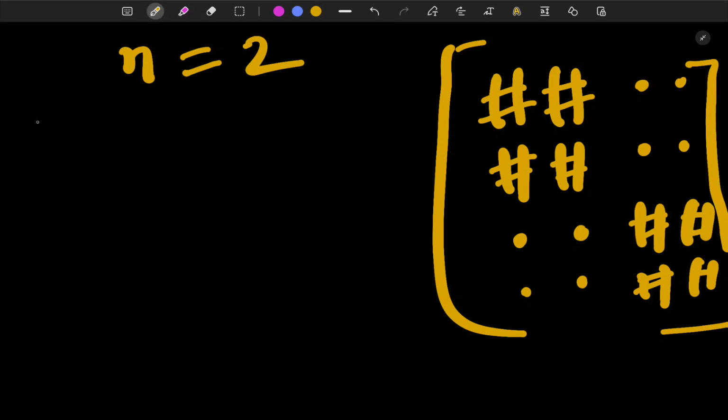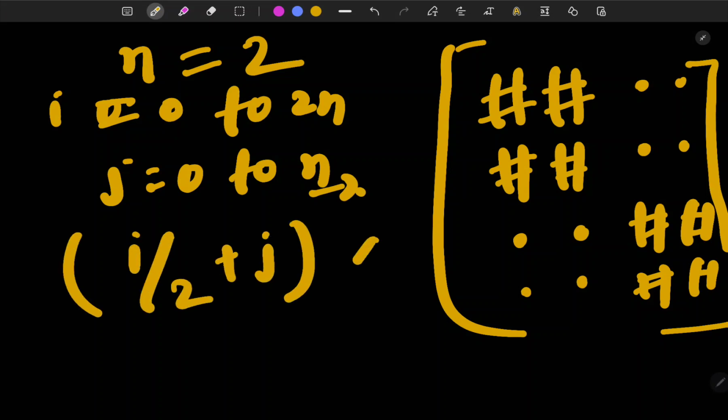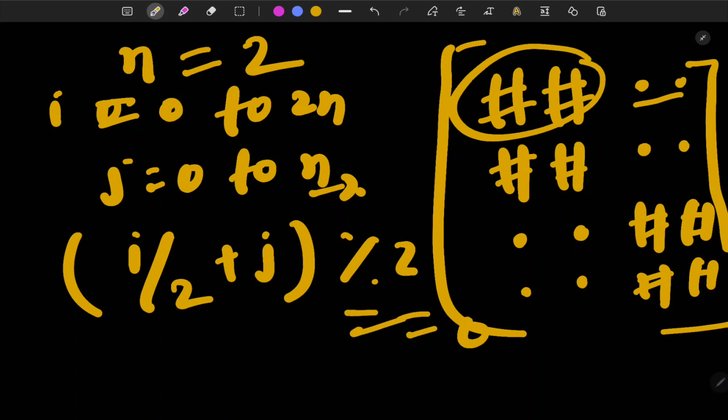I was running the loop from i equal to 0 to 2n, and the inner loop from j equal to 0 to n. In every iteration, I was checking if (i/2 + j) modulus 2 was 0, then you have to print hashtag, otherwise you have to print dot.